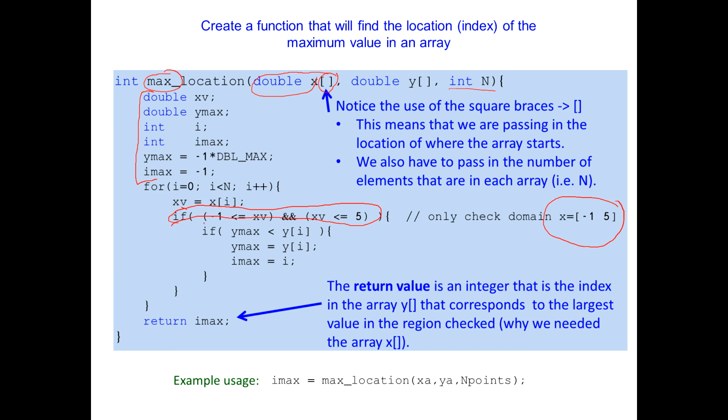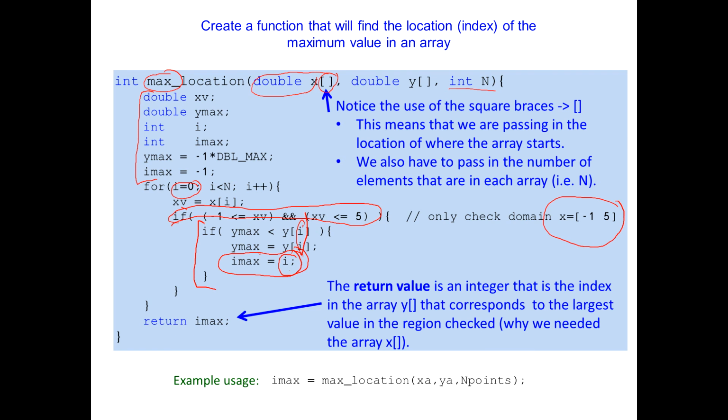And then here we actually keep track of where the max occurred. So we say if y max, which started as a very large negative number, is less than our first value in the array, which is pretty much going to happen every time, then we assign that as the new max value. And here, specifically, we want to keep track of the index. So here, notice we're saving i, which is the index value that we are using in our y array.